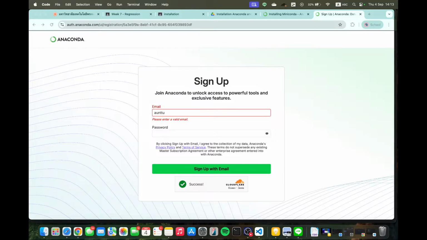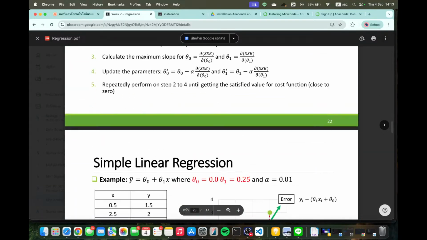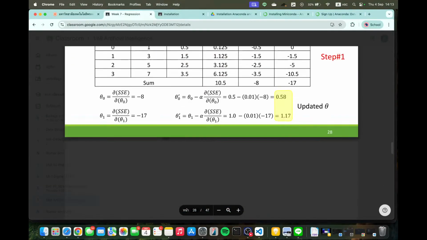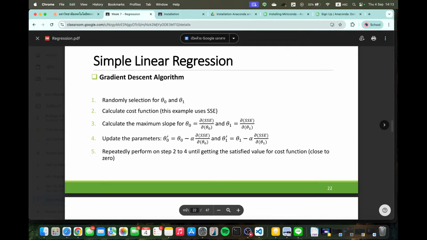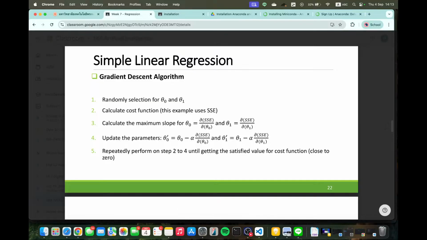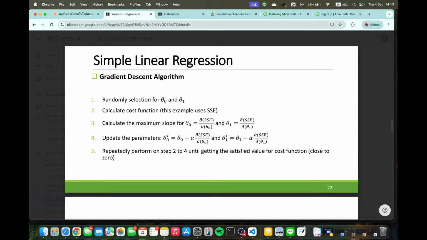So, if you see that, it means the sum square error has the function of the y predict inside the equation, right?